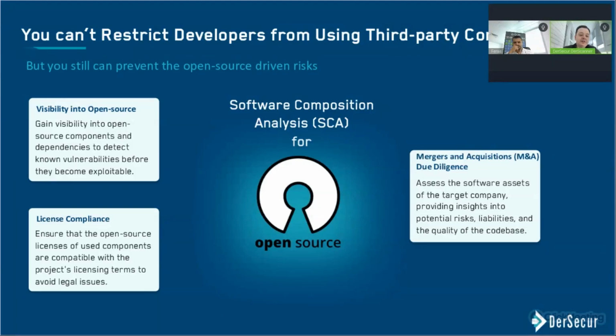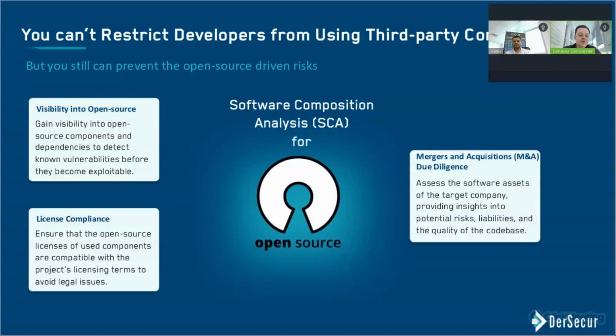And on the other hand, if there are any license risks associated with open source components, those will be highlighted as well. Because sometimes, let's say you took one of the open source components, and according to its licensing policy, it can be used in other open source projects.